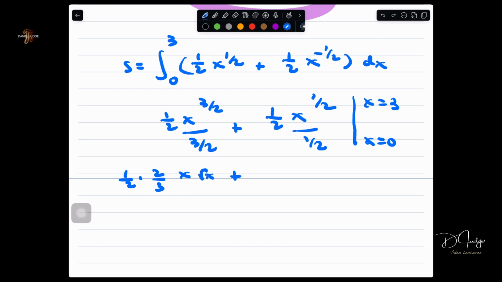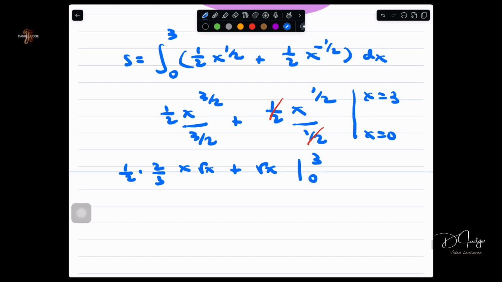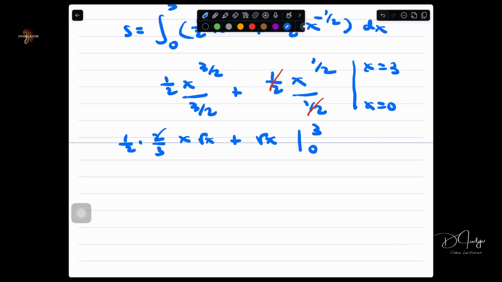The 1/2 will cancel here. So you're really left with the square root of x, and you evaluate that from 0 to 3. The 2's cancel as well. So you get now what? 1/3 x square root of x plus the square root of x from 0 to 3.